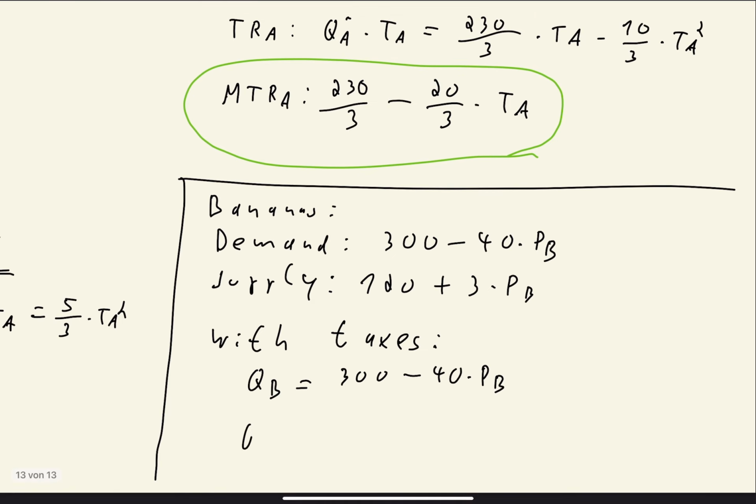For the supply side, we now subtract the tax on bananas from the price that a supplier is receiving. So then it's 120 plus 3 times (PB minus TB). Okay, so this is now the supply and the demand curve for bananas. And the rest of the steps are the same.